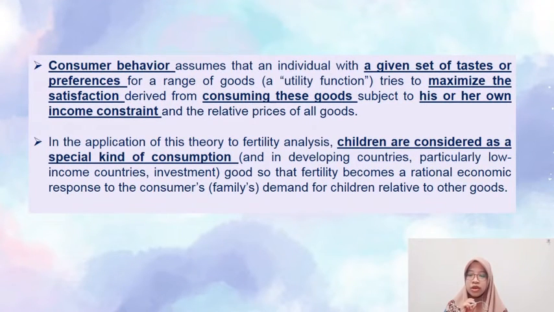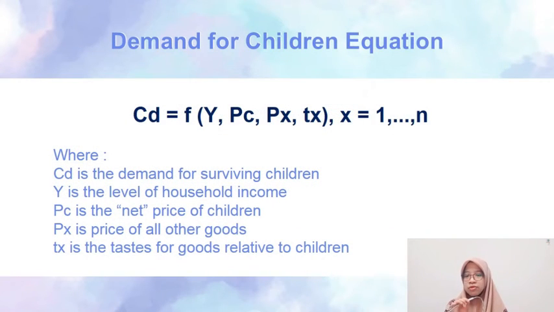In the application of this theory to fertility analysis, children are considered as a special kind of consumption good, so fertility becomes a rational economic response to a consumer's or a family's demand for children relative to other goods. Next, we look at the demand for children equation.